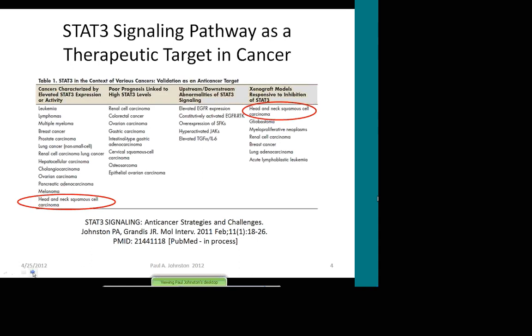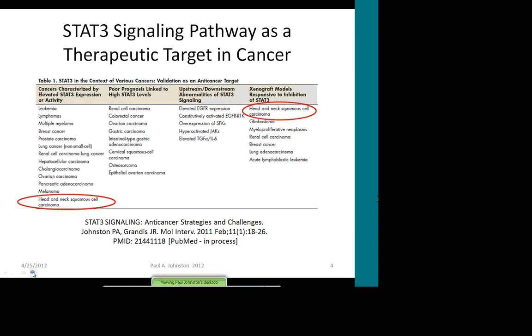This is just a table taken from a review that Jennifer Grandis and I wrote on the role of the STAT3 signaling pathway as a therapeutic target in cancer. You can see that there are a whole list of cancers that are characterized by elevated STAT3 expression or activity. Activated STAT3 is implicated in poor prognosis.